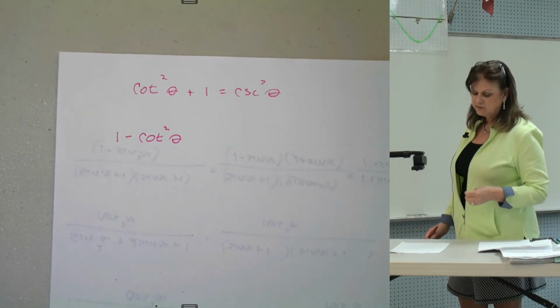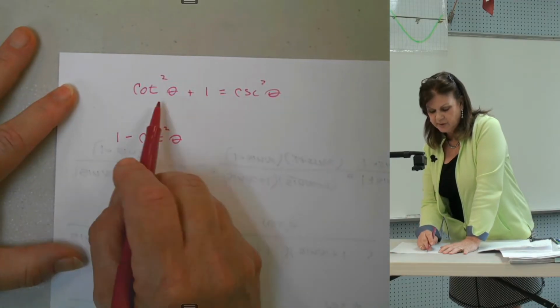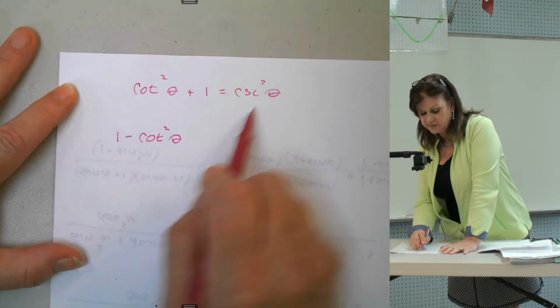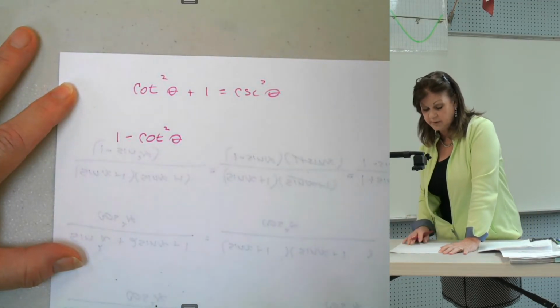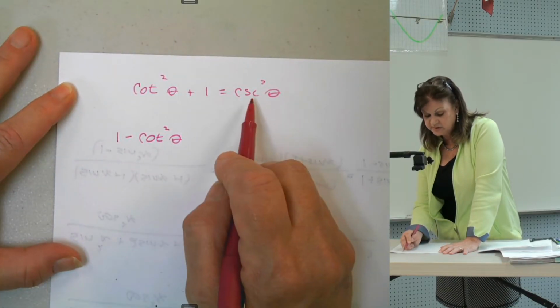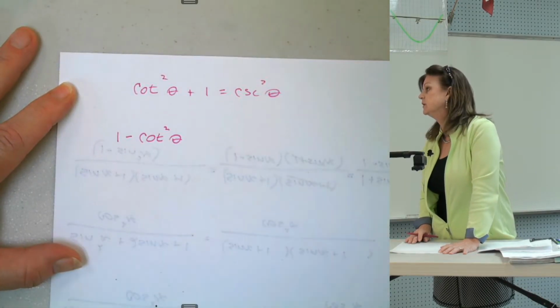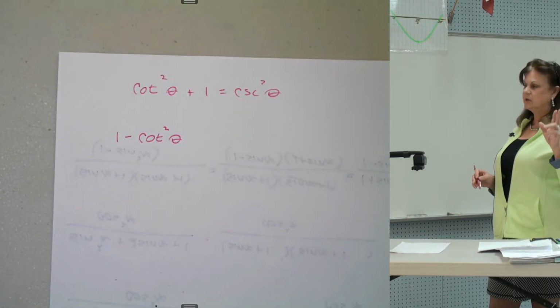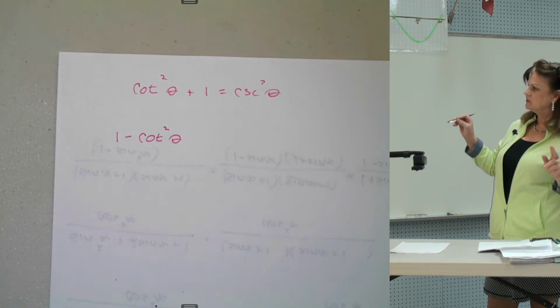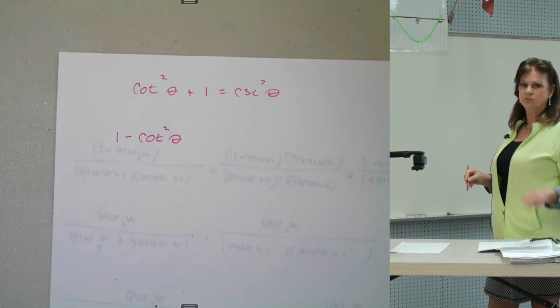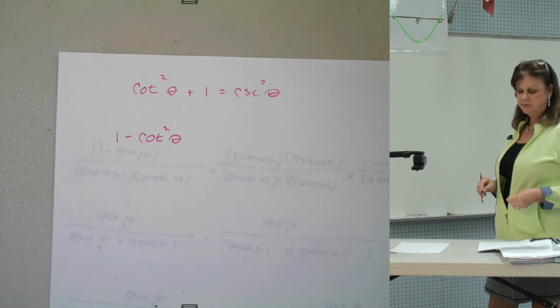And the answer clearly is going to be no. I can do cotangent minus cosecant as -1, or I can do cosecant squared minus 1 is cotangent squared, but I can't change cotangent squared plus 1 into 1 minus cotangent squared.